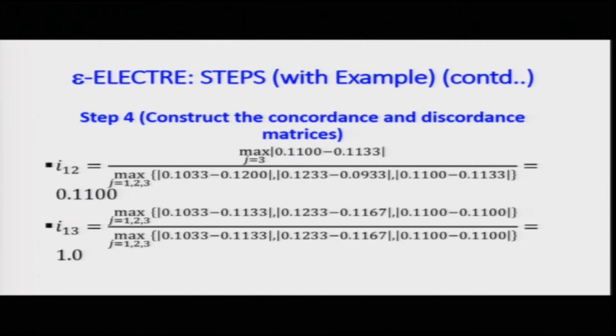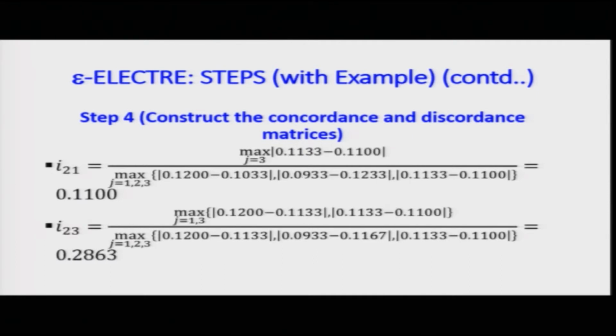Similarly, when I come to I11, I22 and I33, which is the principal diagonal in the capital I matrix, this is the indifference matrix, it will be dash and the off-diagonal elements are calculated here. So, I12 is 0.11, I13 is 1.